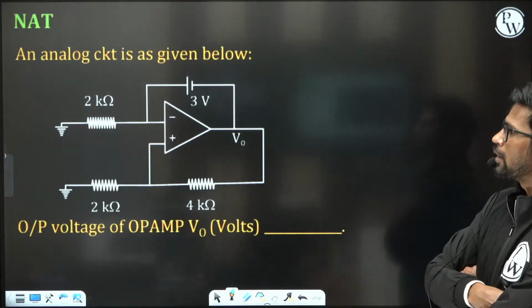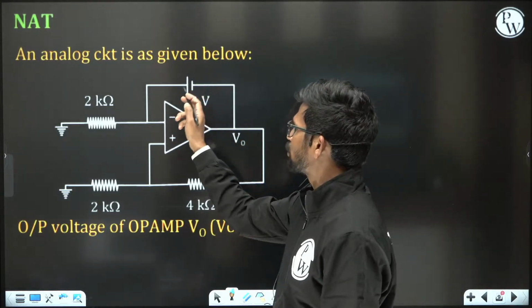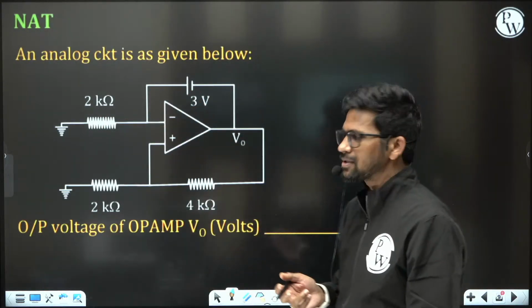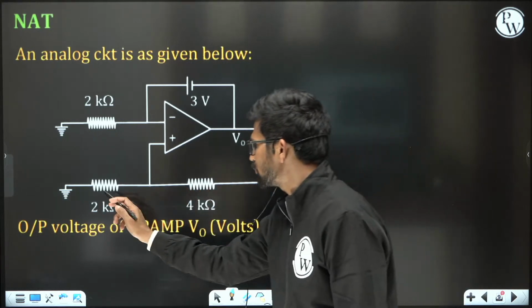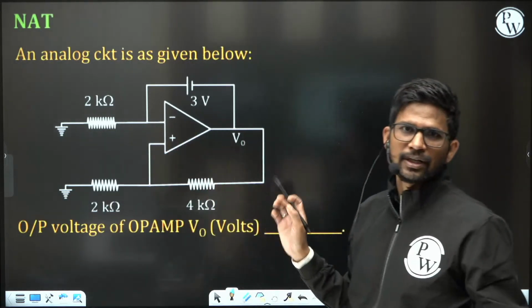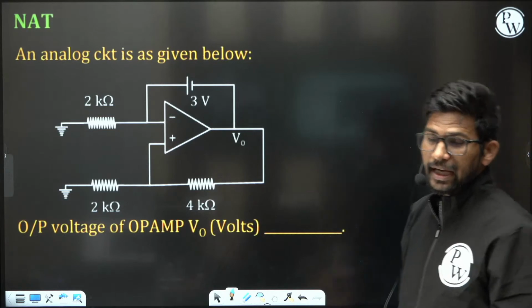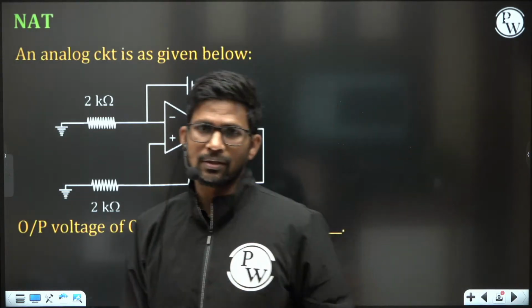So here there is a negative feedback through this 3 volt and 2 kilo ohm resistance, and there is also a positive feedback, this 4 and 2 kilo ohm resistive network. So here negative as well as positive feedbacks are present.